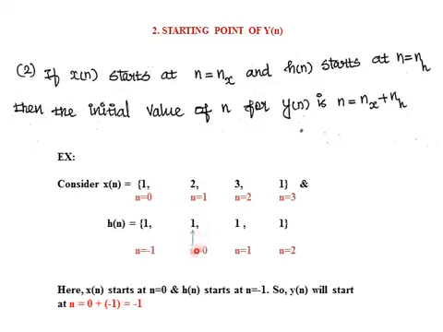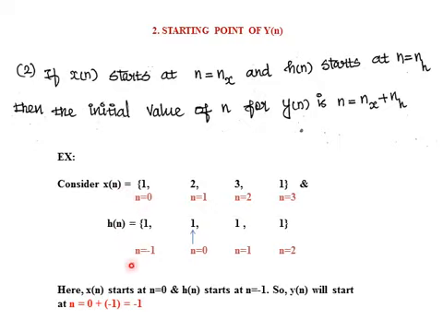The sample with this arrowhead represents n is equal to 0. So the sample to the left of it should be taken as n is equal to minus 1 and the samples to the right of it will be considered as n is equal to 1 and n is equal to 2. Now we can say that this h of n is starting at n is equal to minus 1 and x of n is starting at n is equal to 0.